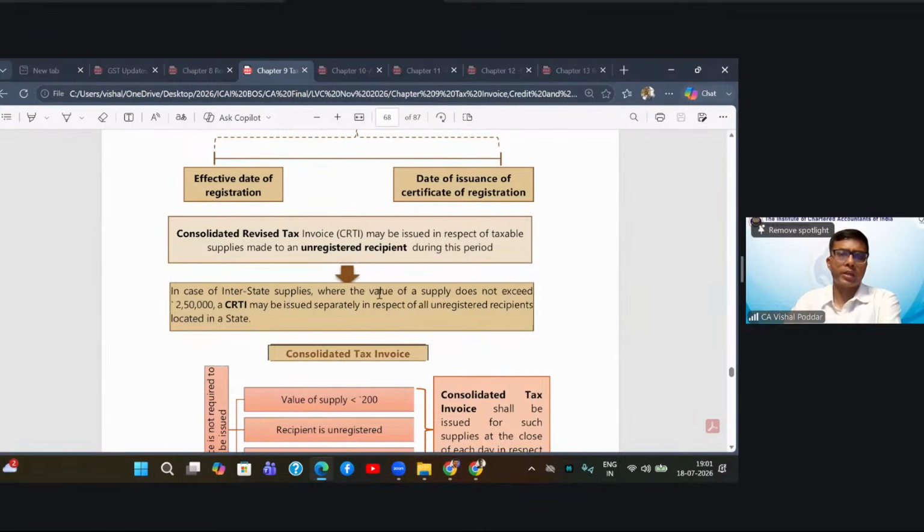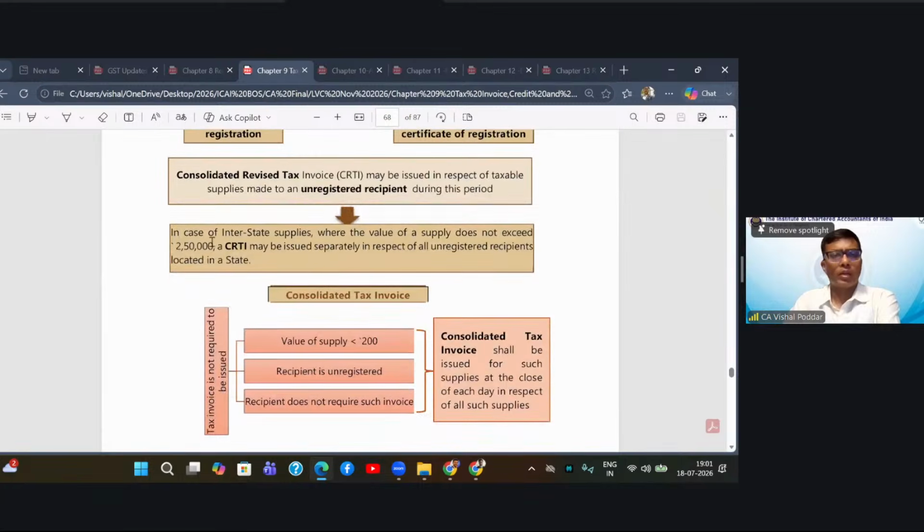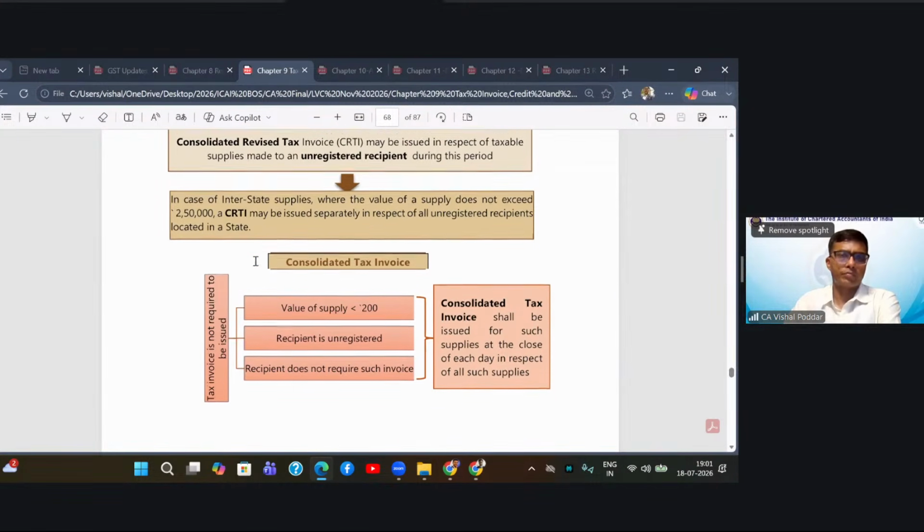Over there, I can issue a consolidated revised tax invoice. In case I'm making interstate supplies and the value of supply is not exceeding 2,50,000, a consolidated revised tax invoice may be issued separately in respect of all registered recipients located in the state.